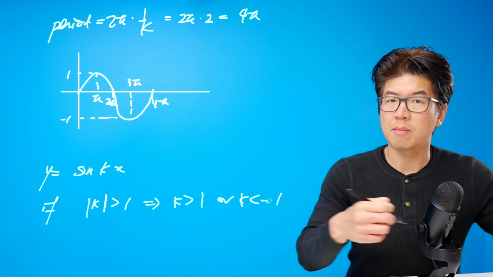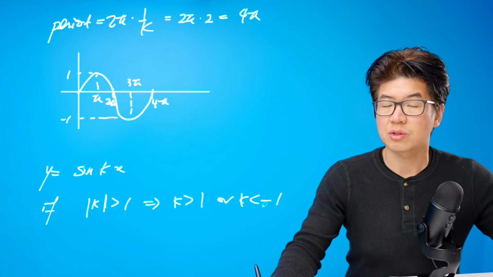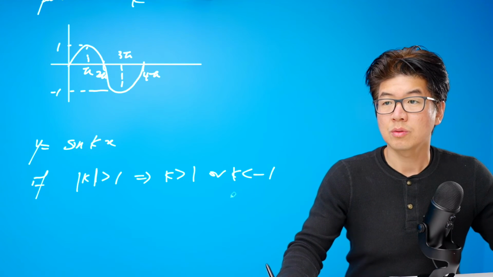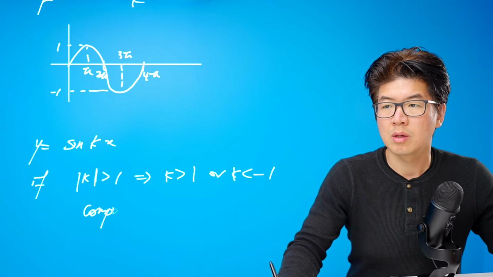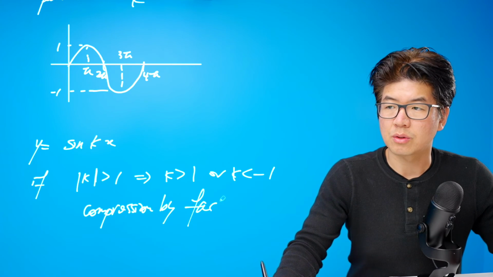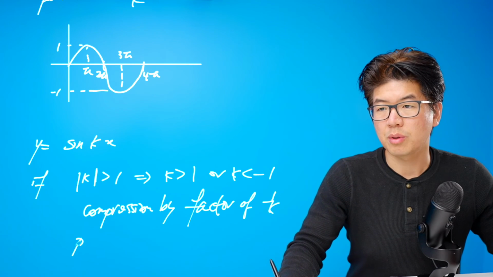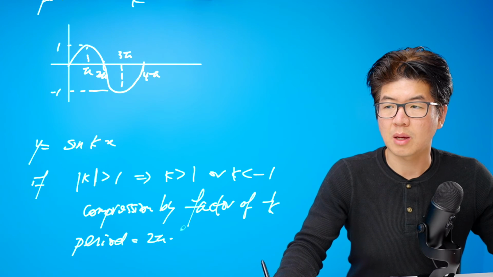It does still have the impact of compressing, but the negative will also mean reflection on the y-axis, but I'll talk about that separately. But in general, this means compression by a factor of 1 over k, and the period, because of the k, will change to 2 pi times 1 over k.